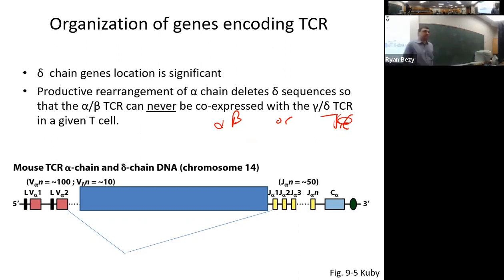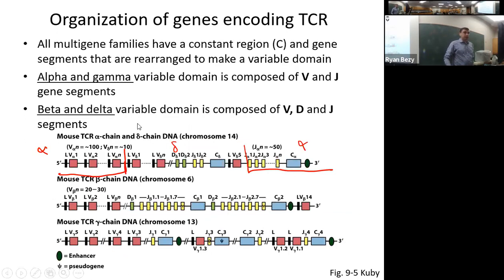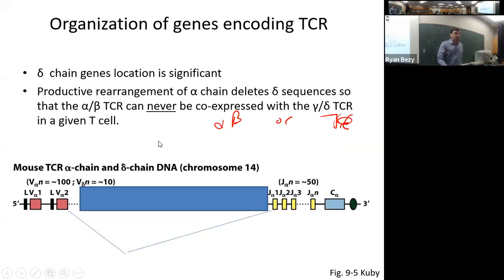It's never both is what that basically ends up being. Okay. So again, if you recombine here and here, you delete all of delta in the middle. Questions about that? Gamma. Eventually, yeah, I remembered how to write it. Okay.